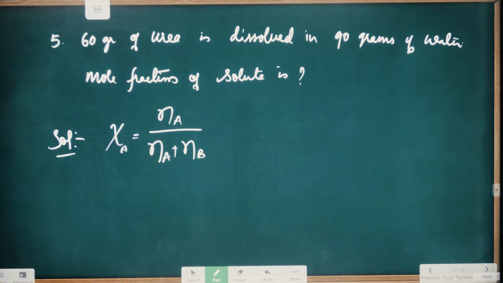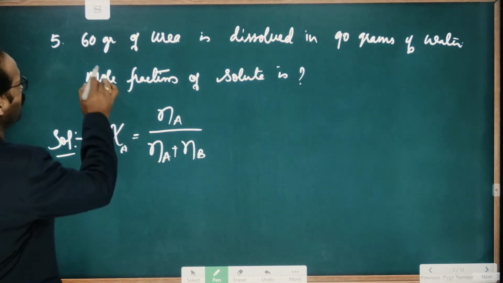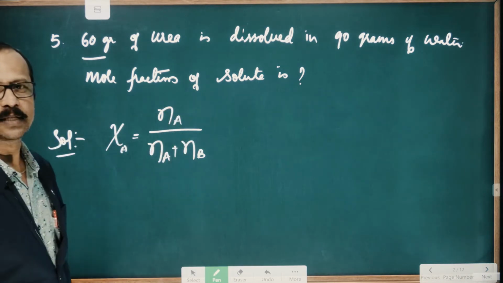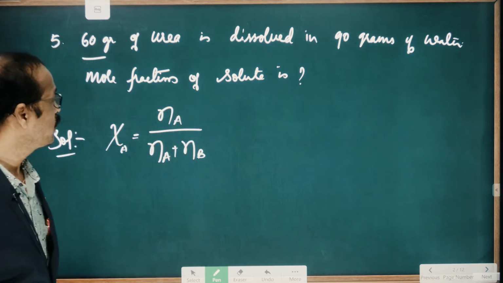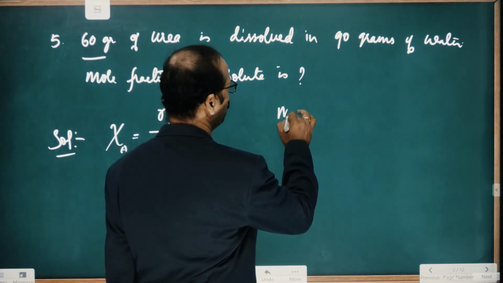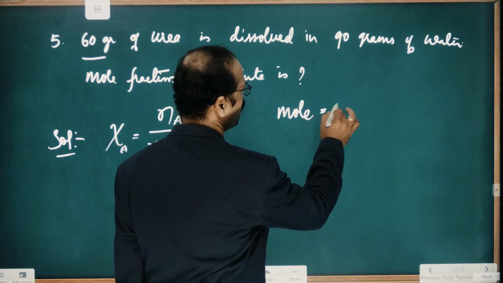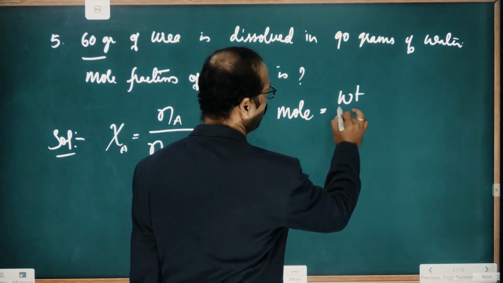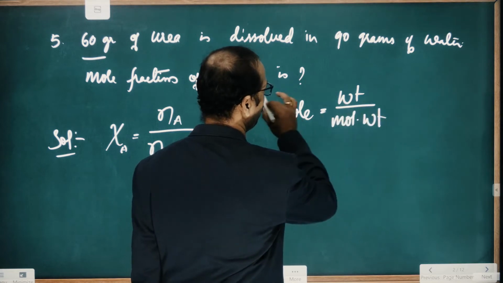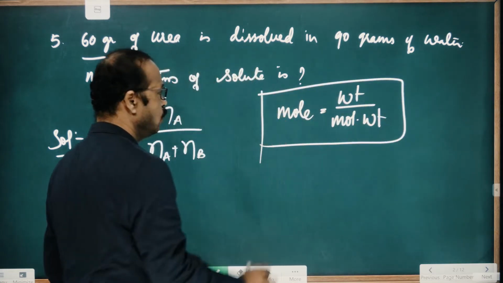But number of moles are not given here. Grams are given, students. So you have to convert these grams into number of moles. How can you convert? In the last class I explained to you that the mole formula is weight by molecular weight.